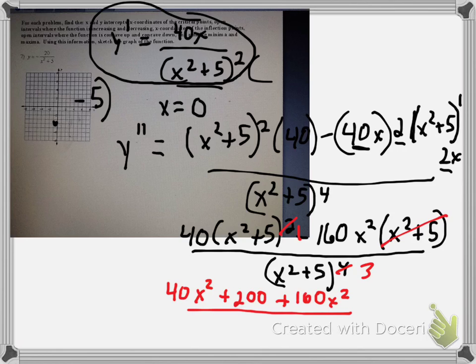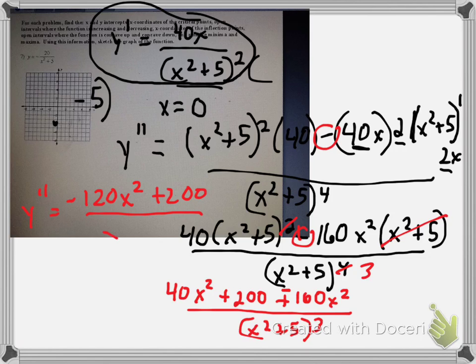Should be a minus. About screwed it up. Over x squared plus 5 cubed. So that is the second derivative final value of negative 120x squared plus 200 over x squared plus 5 cubed.